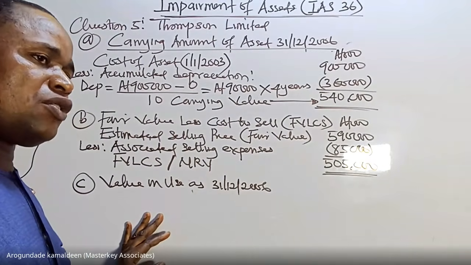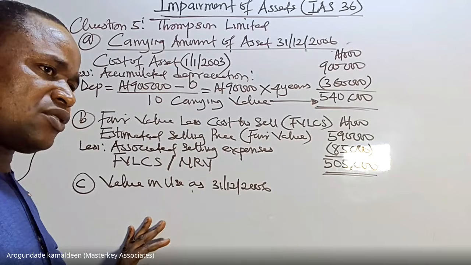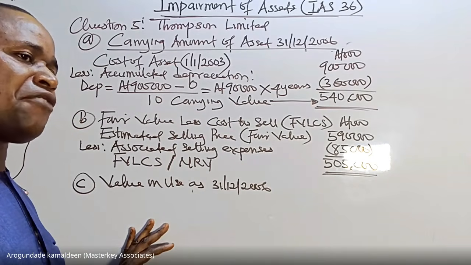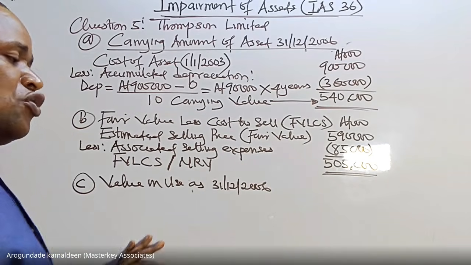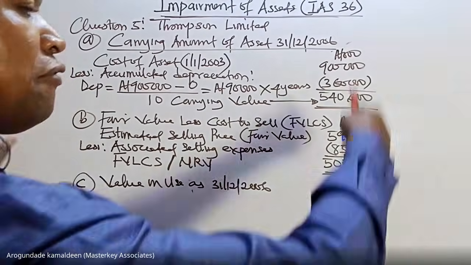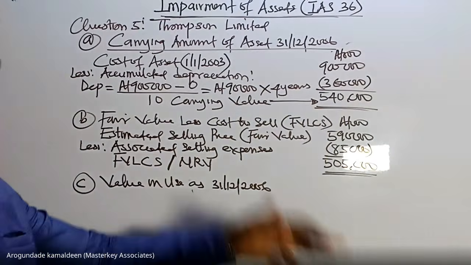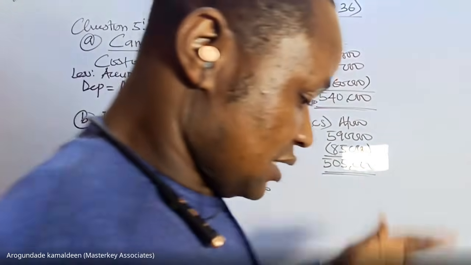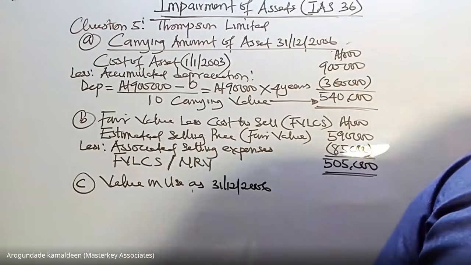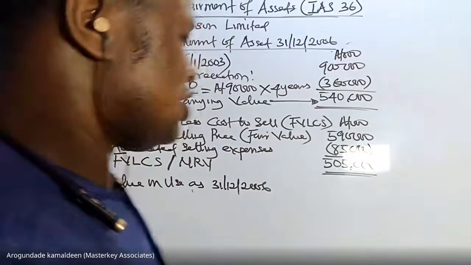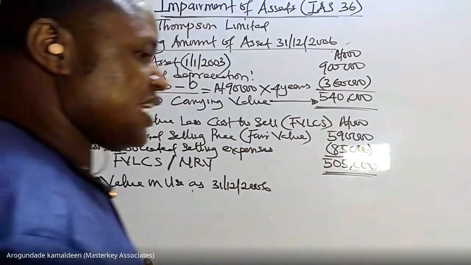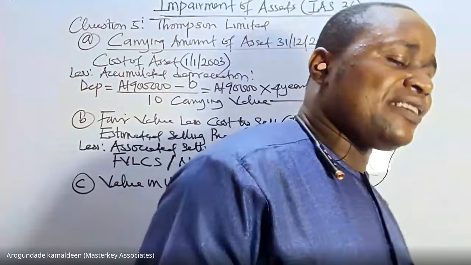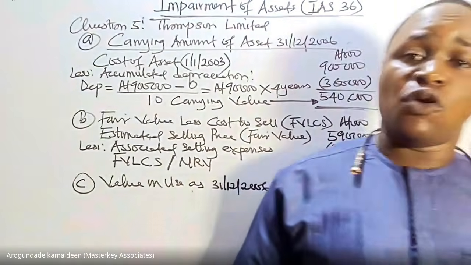For those of you who are students of finance, of SFM or FM, you've been taught how to use the discount factor. You can do it that way: year 1, year 2, year 3, and like that. But I want to teach you the fastest way if you have the same cash inflow.